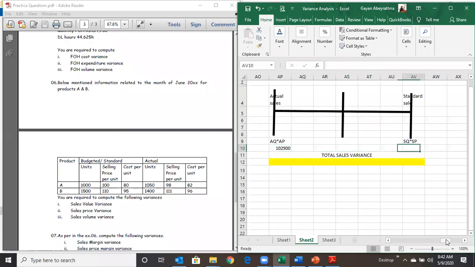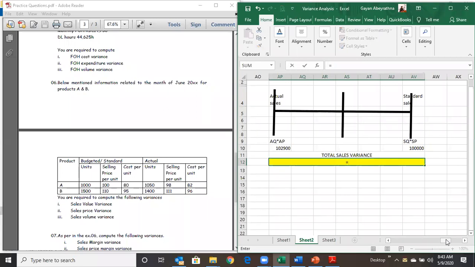The standard sales you can calculate. They expected to sell 1000 units budgeted sales into expected price of rupees 100. Then 100,000. They expected to earn 100,000 sales, but they have actually earned 102,900.